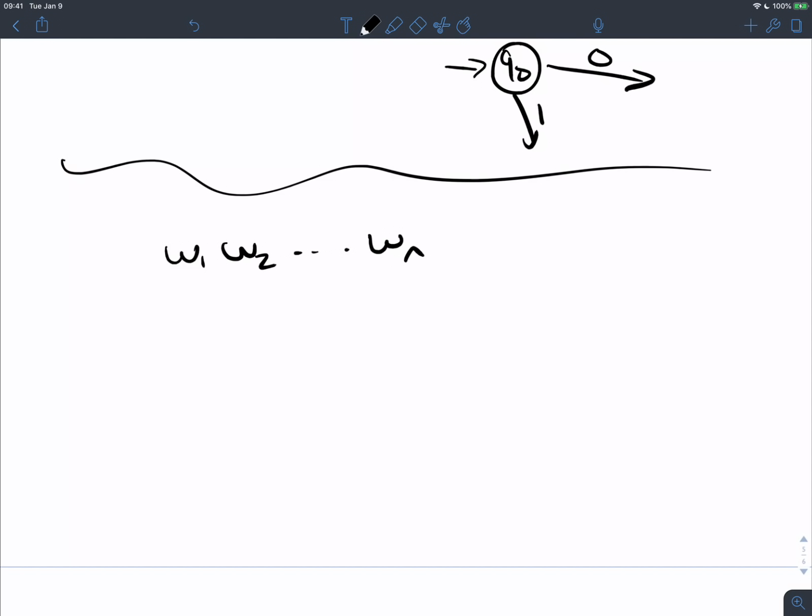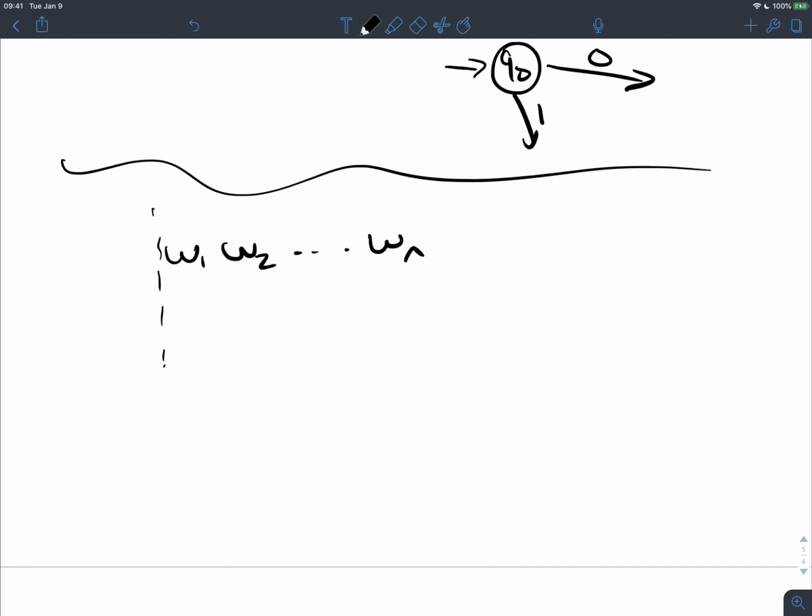N transitions, because I have n characters. That tells me how many states I'm going to see. How many states am I going to see? N plus 1. Why? Right at the beginning, before I've read any character, how many states have I seen? One. So that's where the n plus 1 comes from.